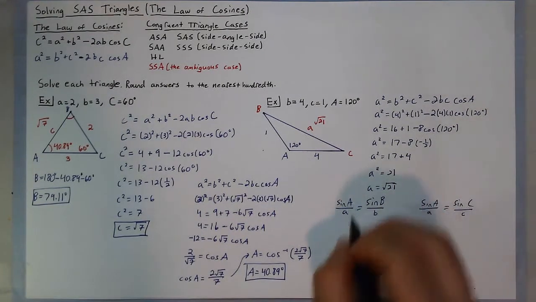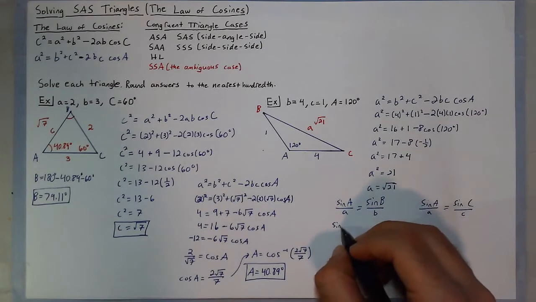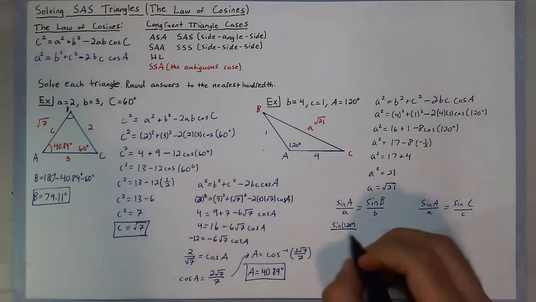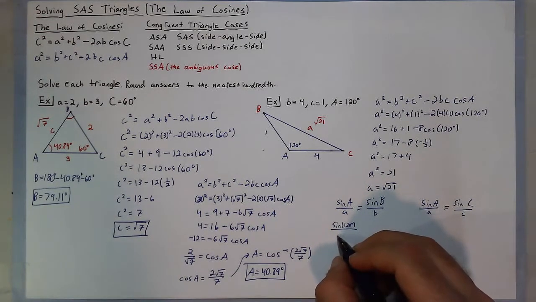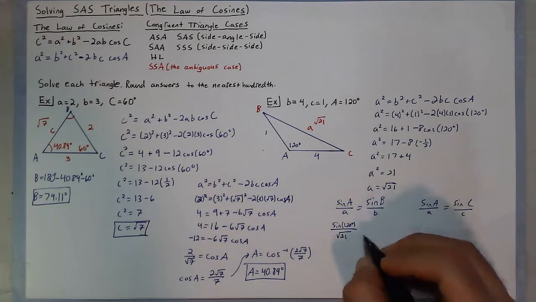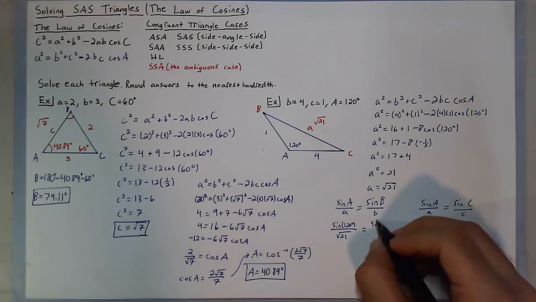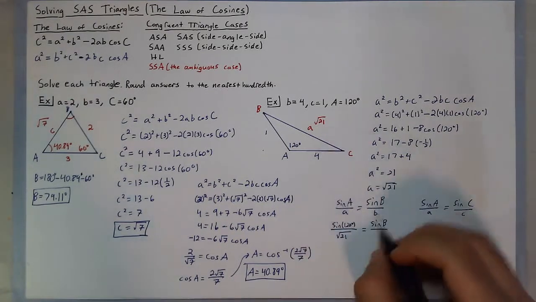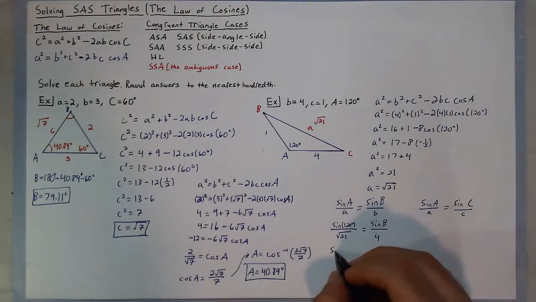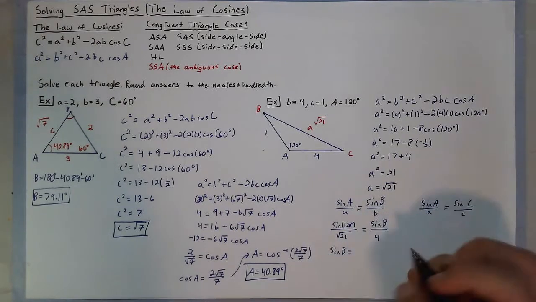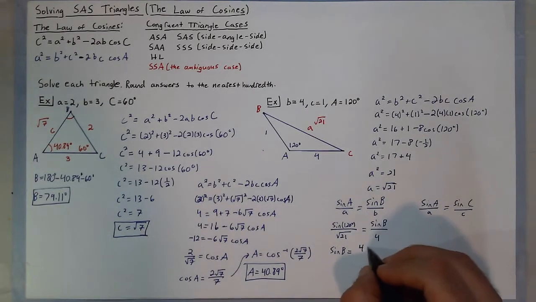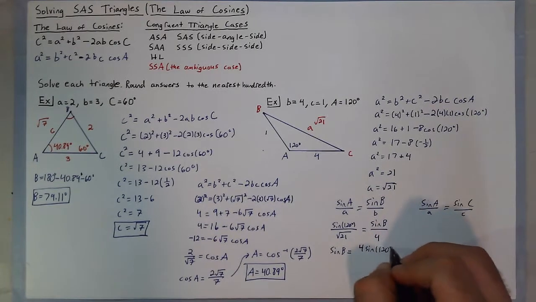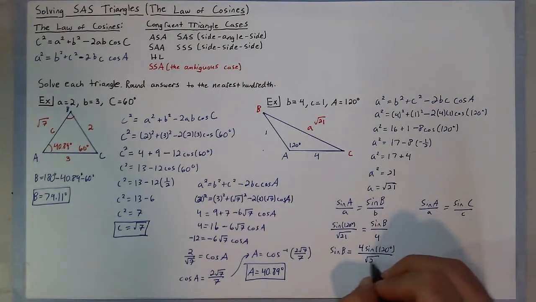Plug in the values for A, I get sine of 120 degrees over side A, which is the square root of 21. It's equal to the sine of B, which is the angle I'm looking for, over 4. So I can say that sine of B is equal to 4 sine of 120 degrees over the square root of 21.